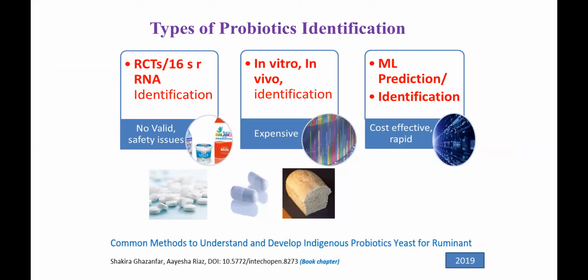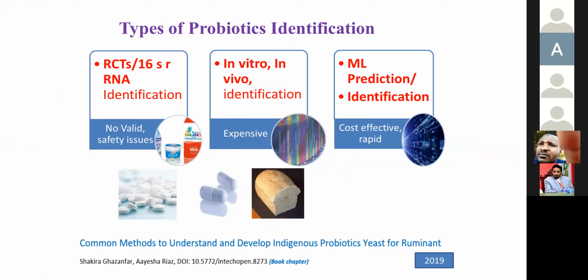But the problem is that we have to use different types of molecular methods to identify probiotics. In the past, young scientists and researchers used 16S rRNA gene sequencing to identify probiotic strains from their research area.